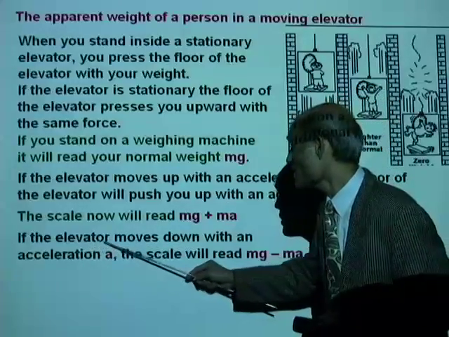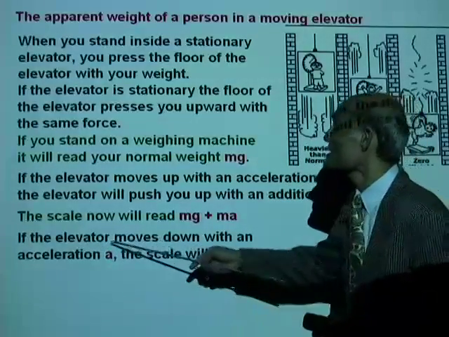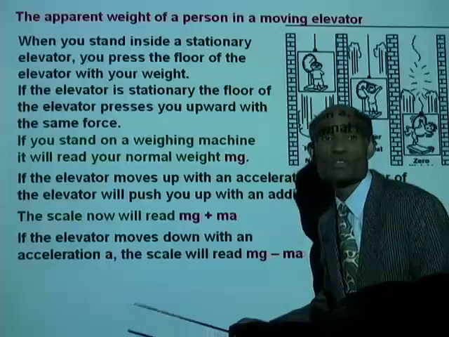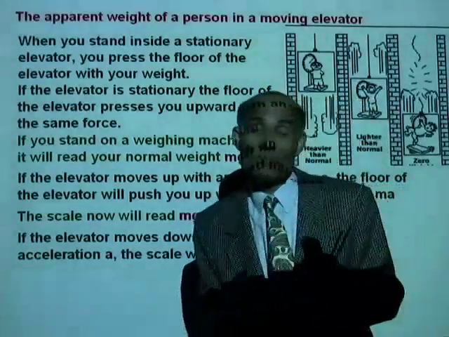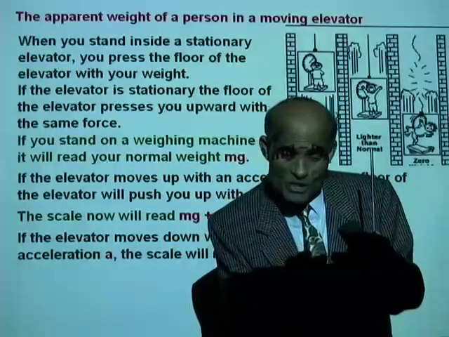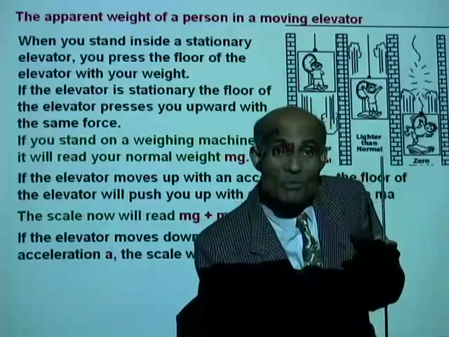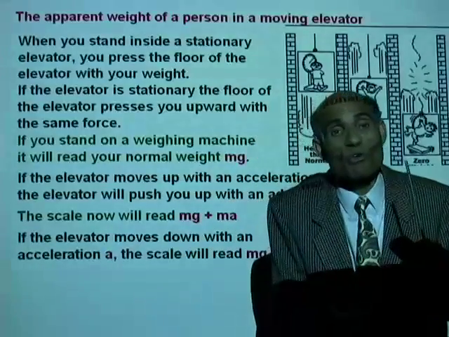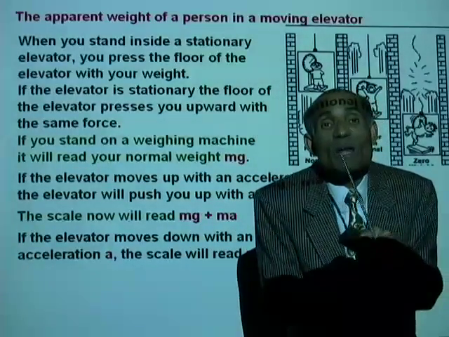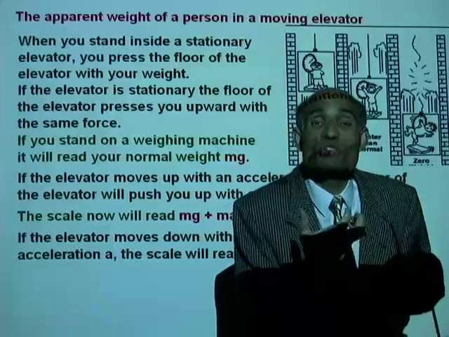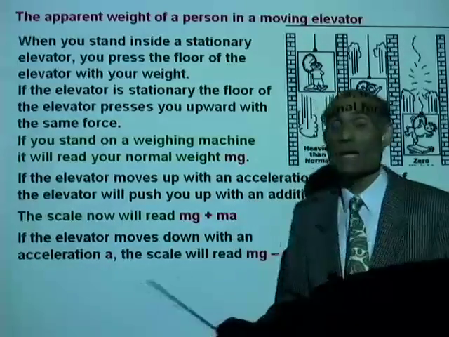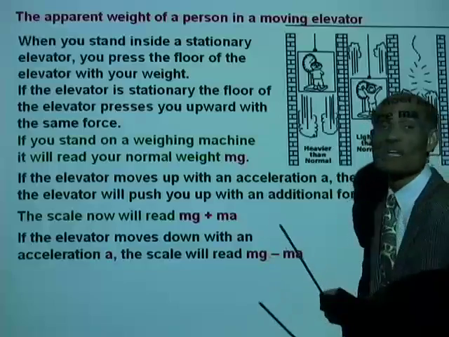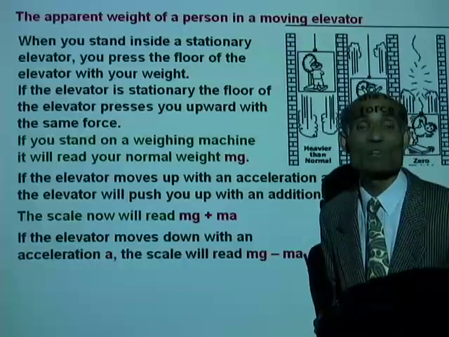On the other hand, if the elevator moves down with an acceleration, then the force ma will be downward. That means the floor of the elevator will press on you with the force mg minus ma, and that will therefore be what the scale will read.